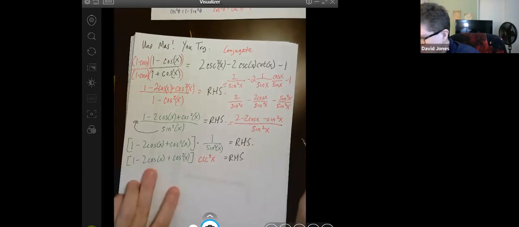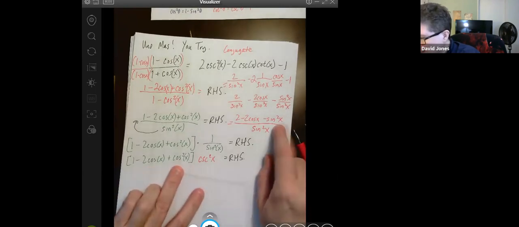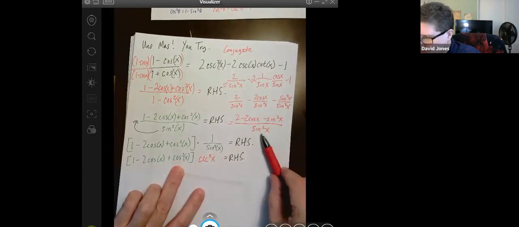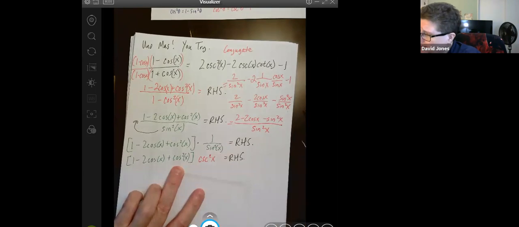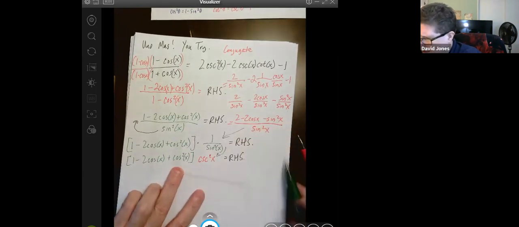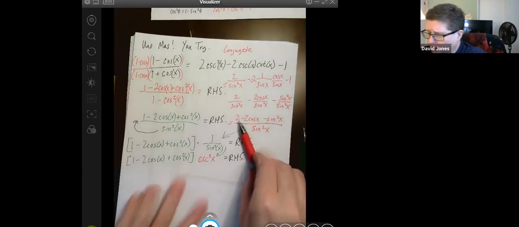I've got the minus 2 cosine x, and I've got a relationship between cosine squared x and sine squared x. Maybe this is cosecant squared x, right? That one leads to that, leads to that. I just need to get this sine squared x and part of this 2 to change.